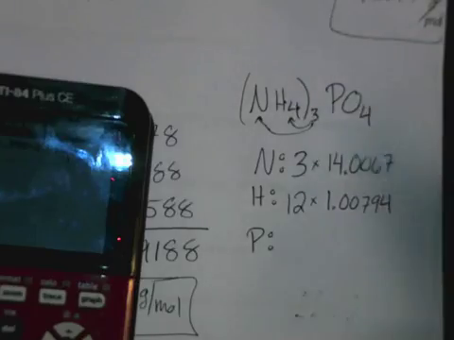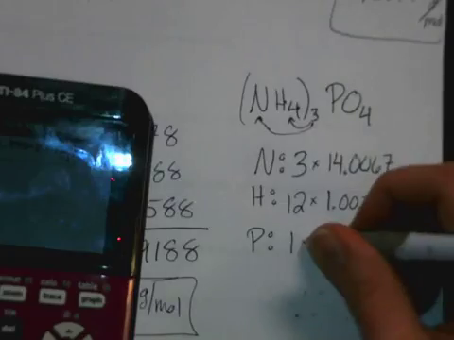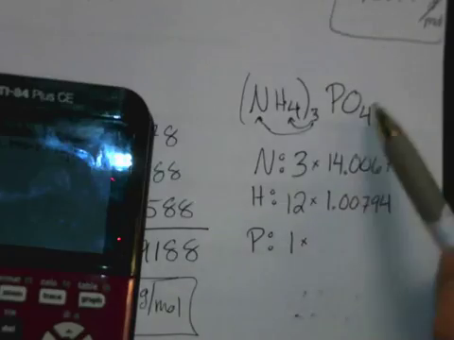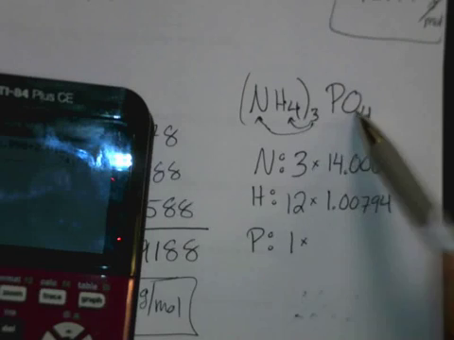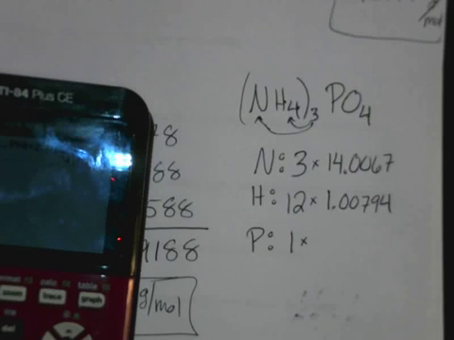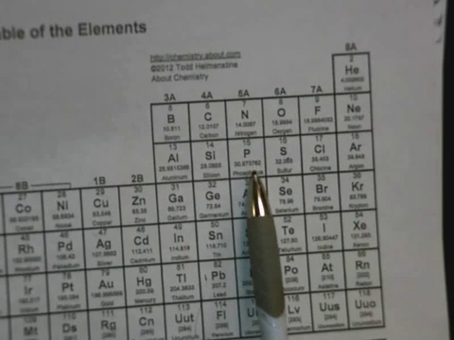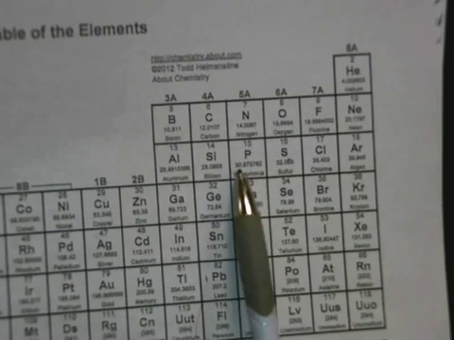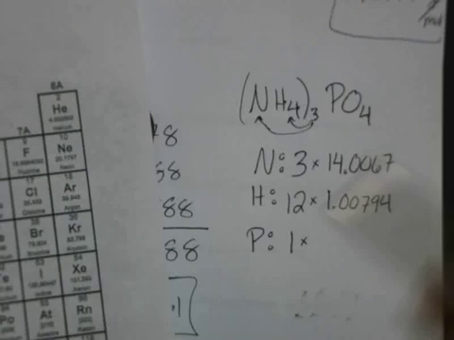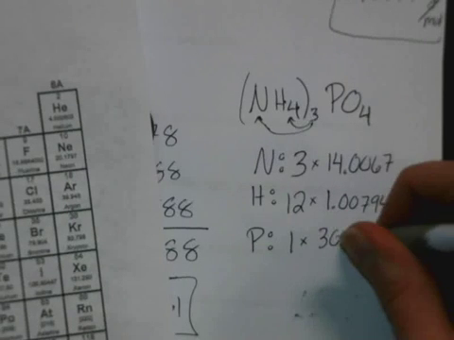Then I also have a phosphorus. I don't have any number directly after my phosphorus, so it's assumed I have 1 phosphorus. This 4 is only for the oxygen, not the phosphorus. So I look for phosphorus, 30.973762. That's a lot of digits. Let's carry the first 4.